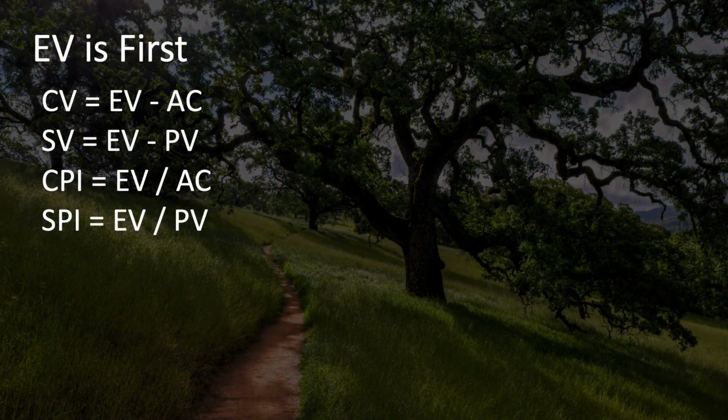To help you remember these variance formulas and performance indices, keep in mind that in these formulas, earned value, or EV, always comes first. Also keep in mind that for both the cost variance and cost performance index formulas, it uses the same variables in the same order, just with a different mathematical operator.